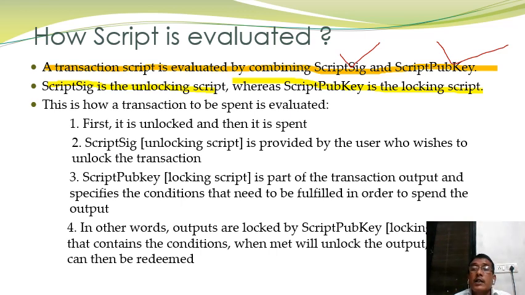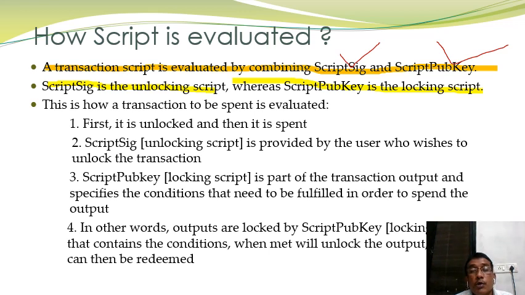There are some other conditions, and those conditions are verified, and if they are met, then the operation is performed and the outputs are spent. So you can see the steps to process the transaction.